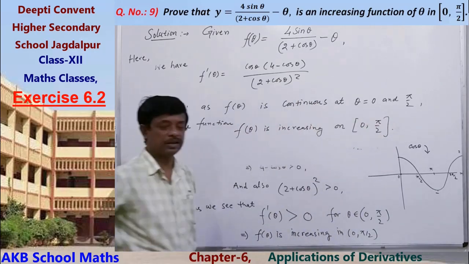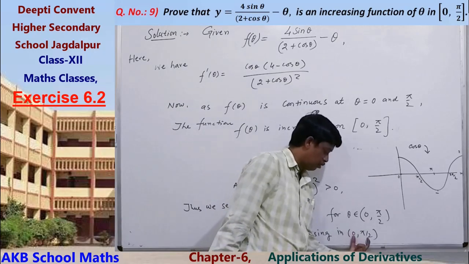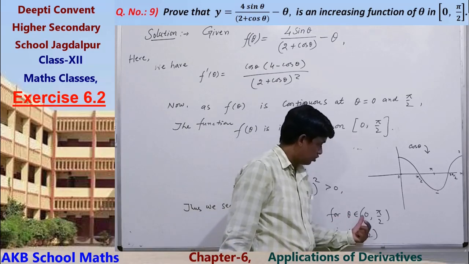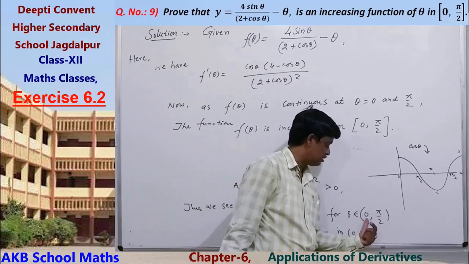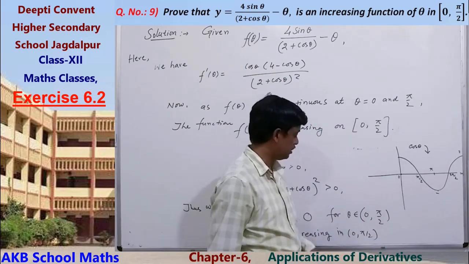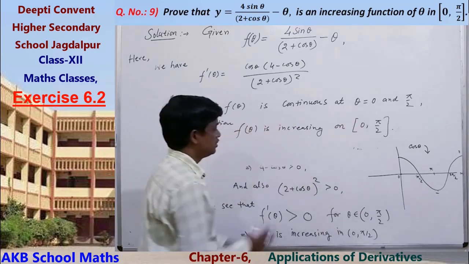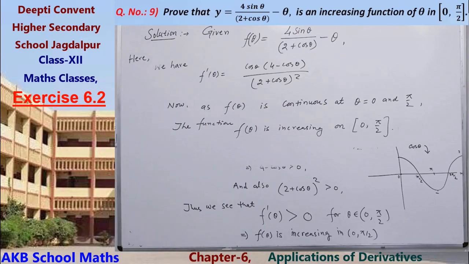Here we write closed interval because in the open interval the function is increasing, and at the extreme points, that is the beginning point and end point, the function is continuous. That's why the function is increasing in this closed interval. Okay, so this is our solution of this question.